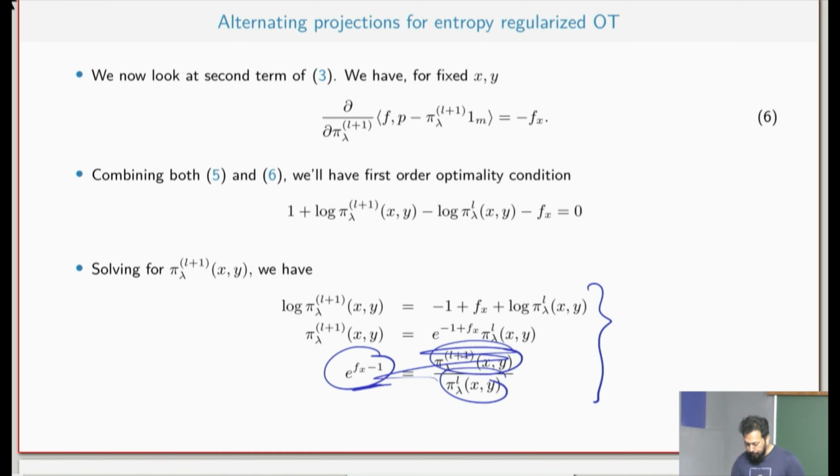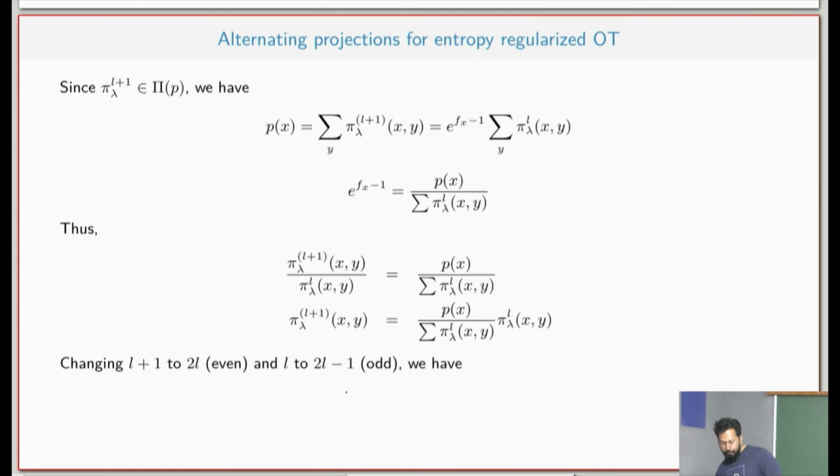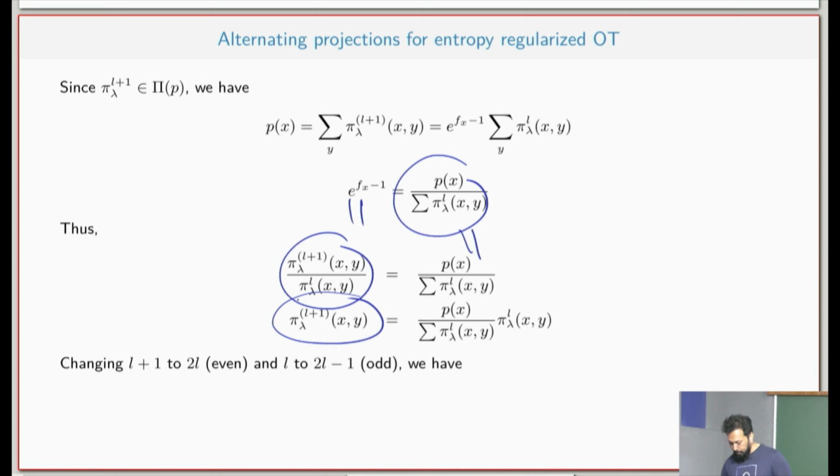We have found an expression for the e fx term there, and so basically we substituted that e term in the ratio. So this guy was equal to e. So we just make it equal here, and then we solve for pi L plus 1. These are simple calculations, and we do the same for the even part.